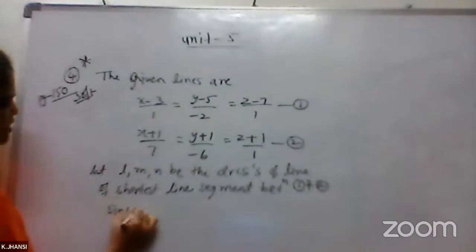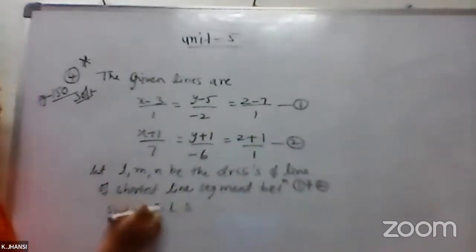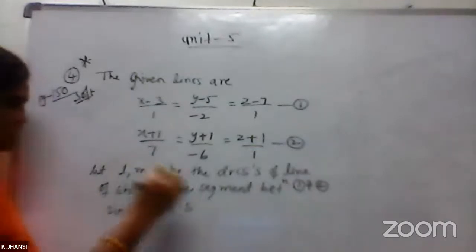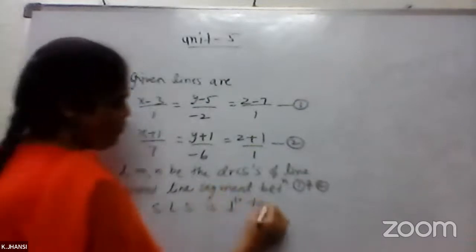Since, see, shortest line segment, I am writing LSS. Shortest line segment is perpendicular to 1 and 2.